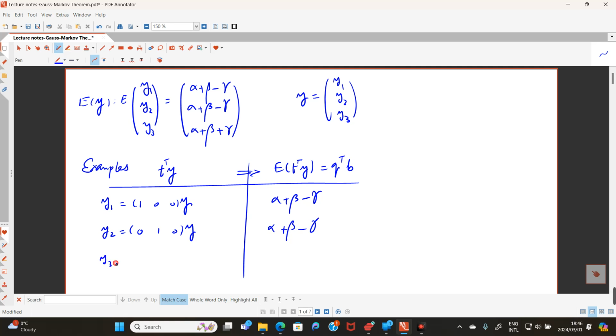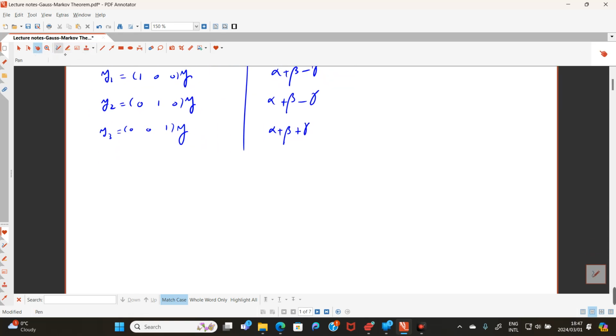Also y3 is 0, 0, 1; remember it's a column vector, you transpose it and multiply by the column vector y, and you get alpha plus beta plus gamma.